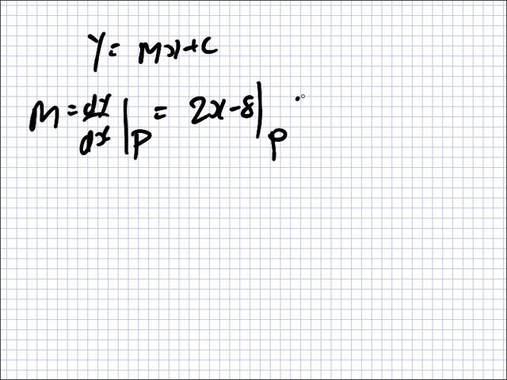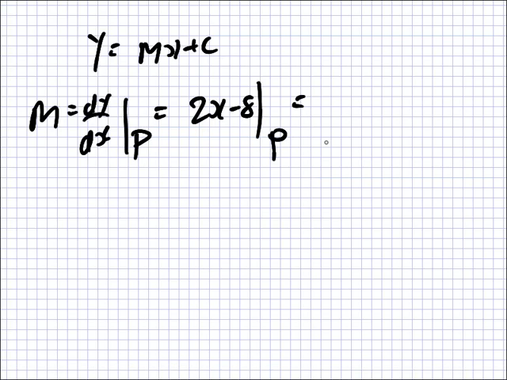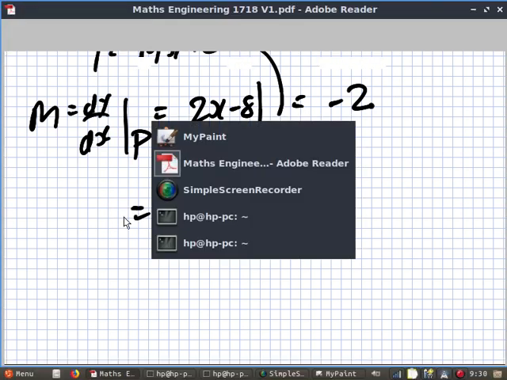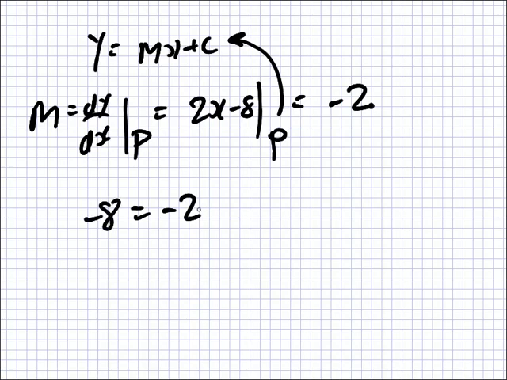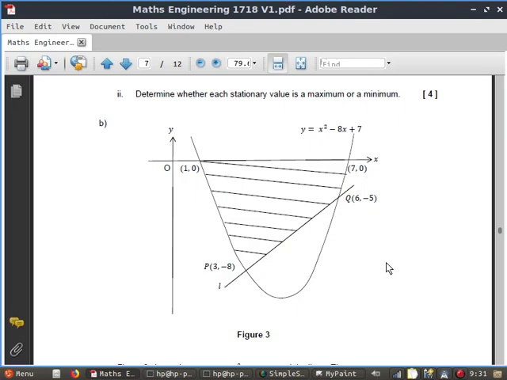For the point P, x is 3, so that's 6 minus 8, which is minus 2. Then we can use P to get c. We have minus 8 equals minus 2 times 3 plus c, so c is also minus 2. So y equals minus 2x minus 2 is the answer.